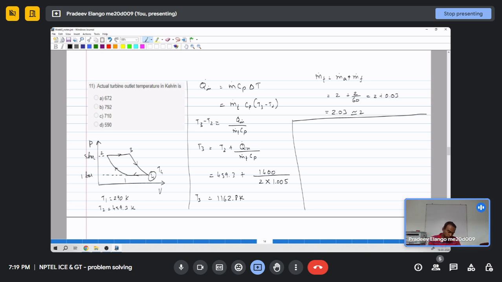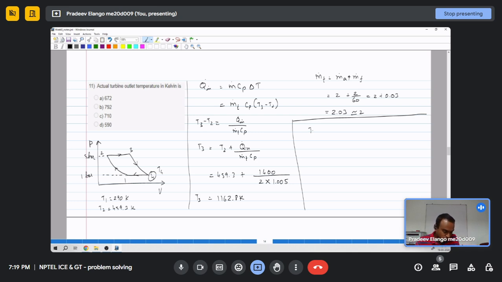Now, using isentropic expansion, we can calculate the value at T4 ideal, because there is an inefficiency of the turbine, which will say that the temperature reached at 4 will be different than the ideal case.